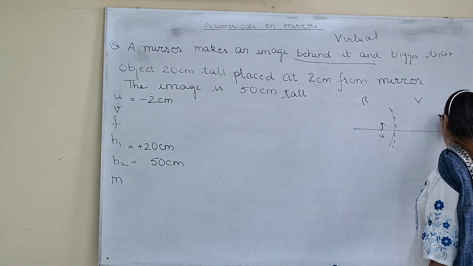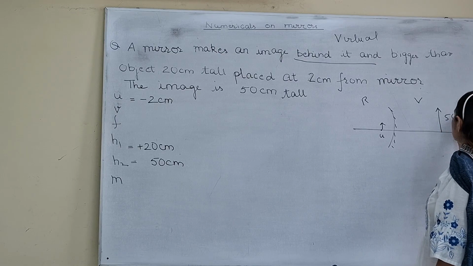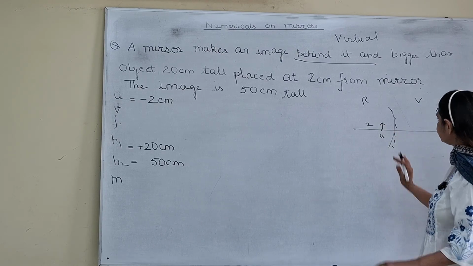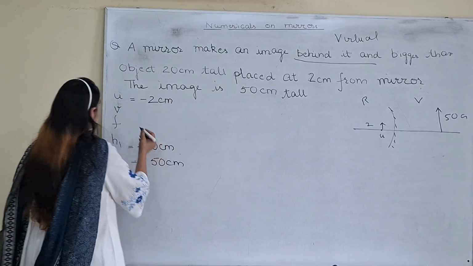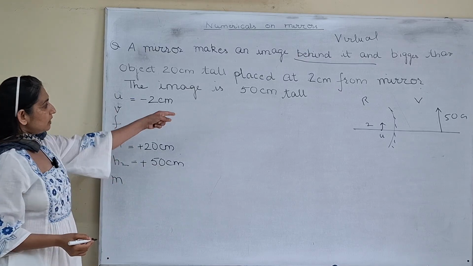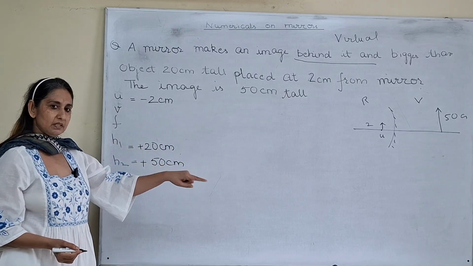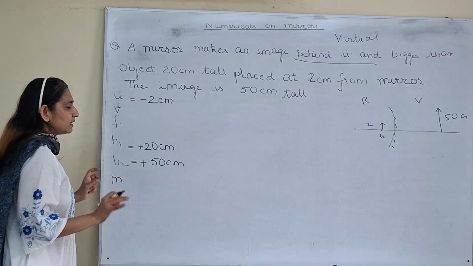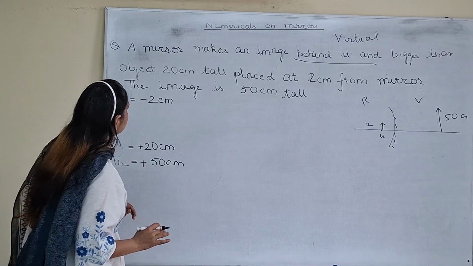So let me just make it 50 centimeter tall. This was 2 centimeter. Okay, so we know the height of the image also. So the height of the image is plus 50 क्योंकि right side वाले हमेशा erect होते हैं. Right side में जो भी चीज़ है, object है कि image है, वो हमेशा positive होता है. Okay, I don't think anything else given. Otherwise we'll check again.